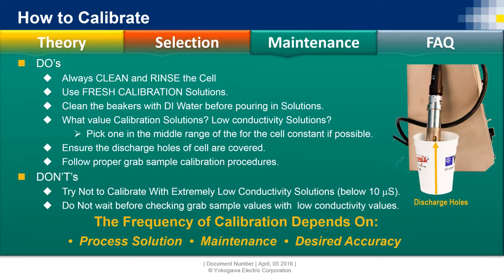Always use fresh calibration buffer solutions if you are using solutions. And then always clean your beakers before you put your calibration sensors in them. That way, if there was any soap or something else that would have a conductive charge to it, conductive ions dissolved in solution, doesn't interfere and contaminate your buffer solution.